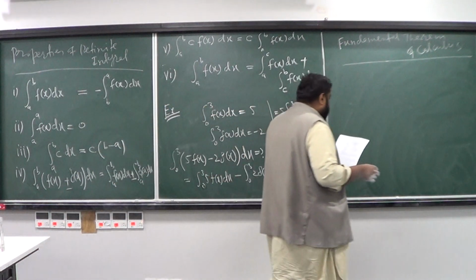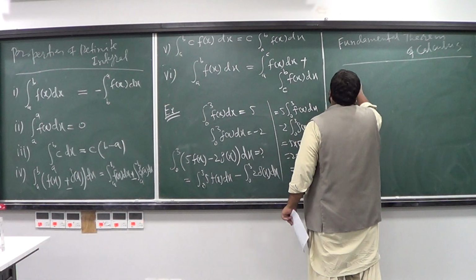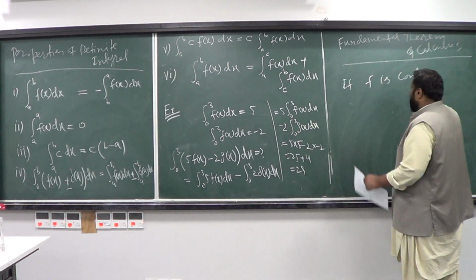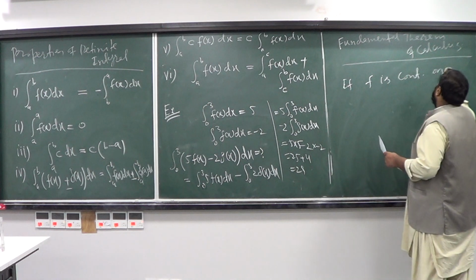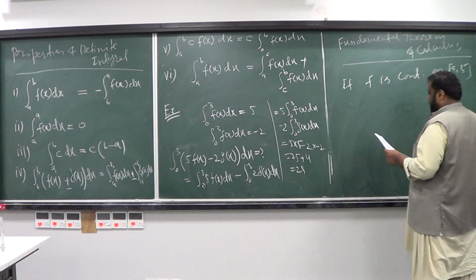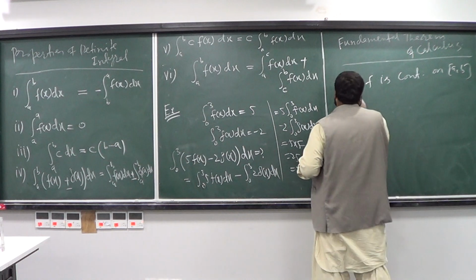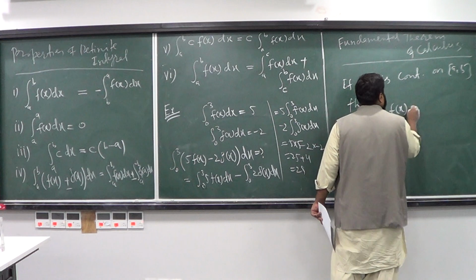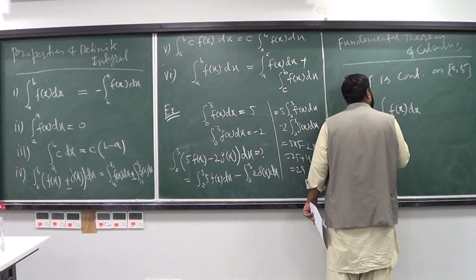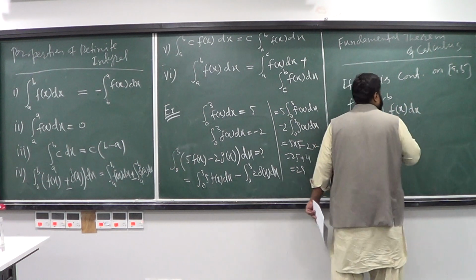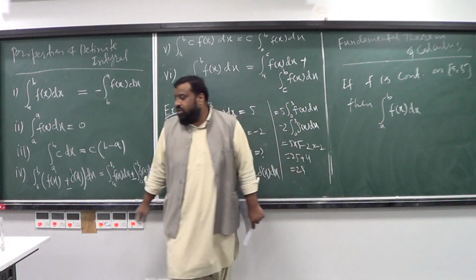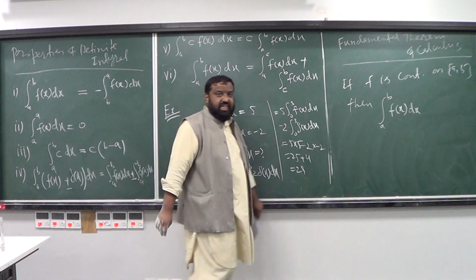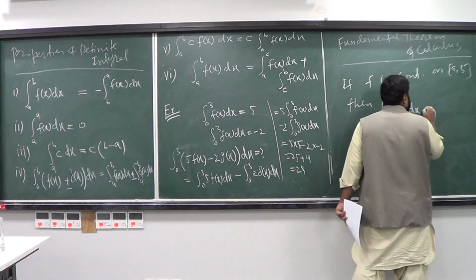So how do we compute the integral of a given function? If you have a function f that is continuous on the interval a to b, and you want to compute the integral of f of x from a to b dx, first do what?